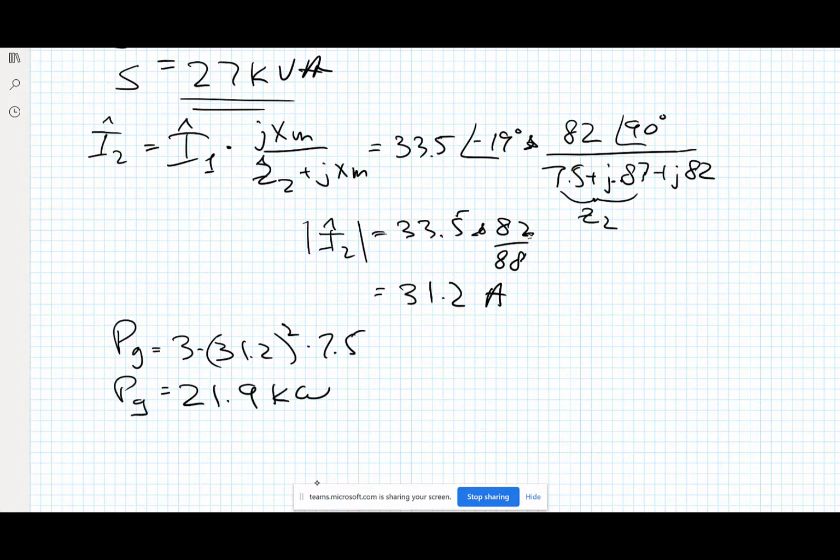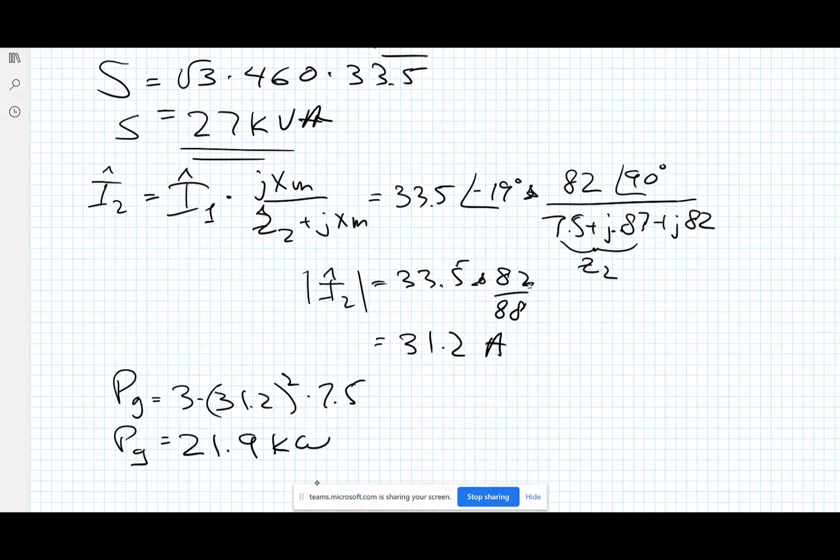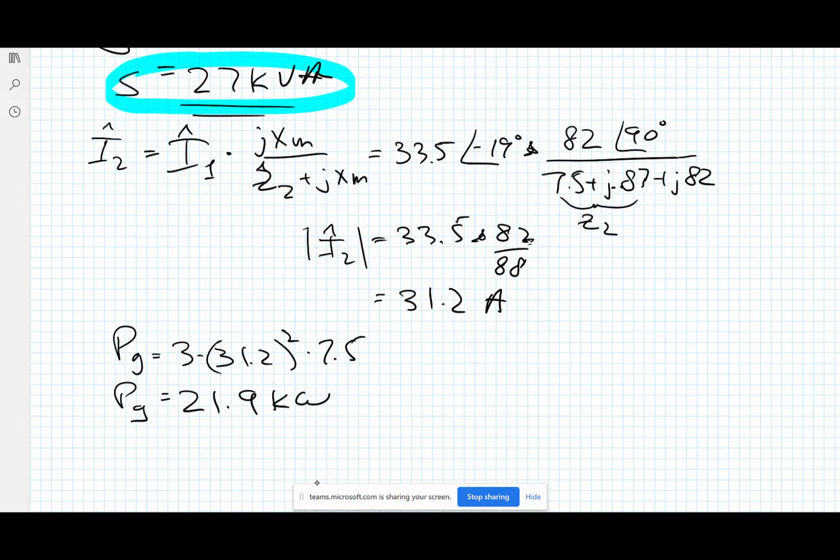That's the gap power. Now notice, remember I found the volt amperes. Let's check this. That's my input volt amperes, 27, and my gap power is 22.